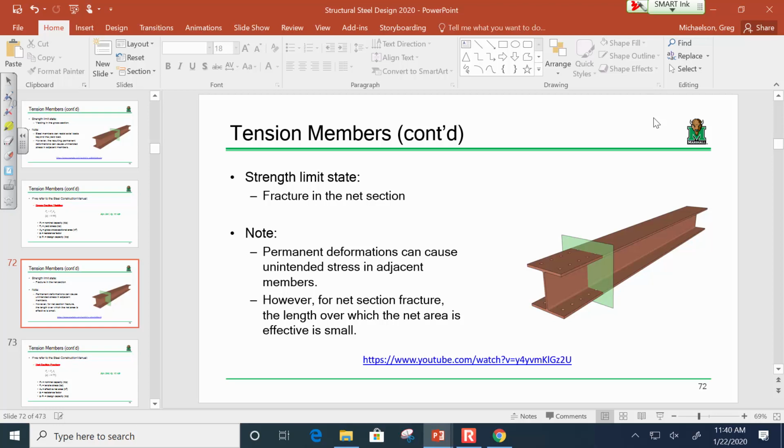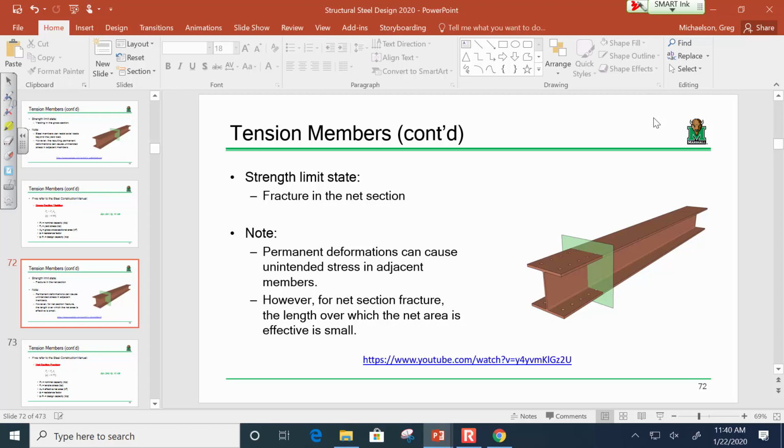If you didn't understand what the gross section was, I think when you look at the net section, it makes a lot more sense. The gross section is the main body of the member. The net section is right there around the connection, right? So if you're looking at a tension member and you're yanking on it, I think it makes sense that it's either going to fail in the member or it's going to fail at the connection, right?